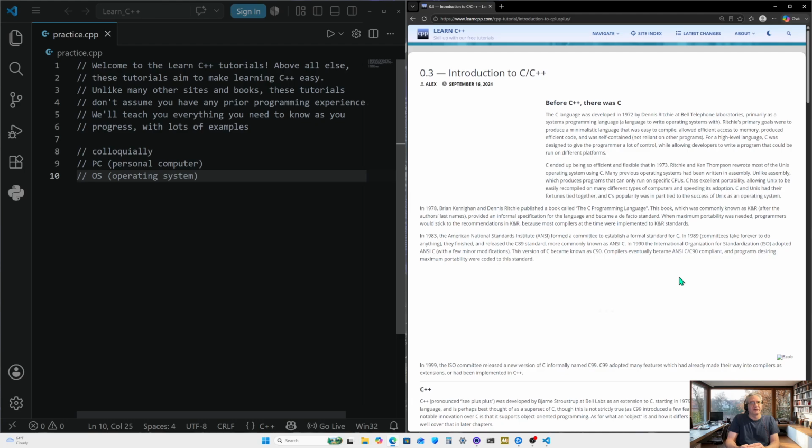C was excellent, portable, allowing Unix to be easily recompiled on many different types of computers and speeding its adaptation. C and Unix had their fortunes tied together, and C's popularity was in part tied to the success of Unix as an operating system.